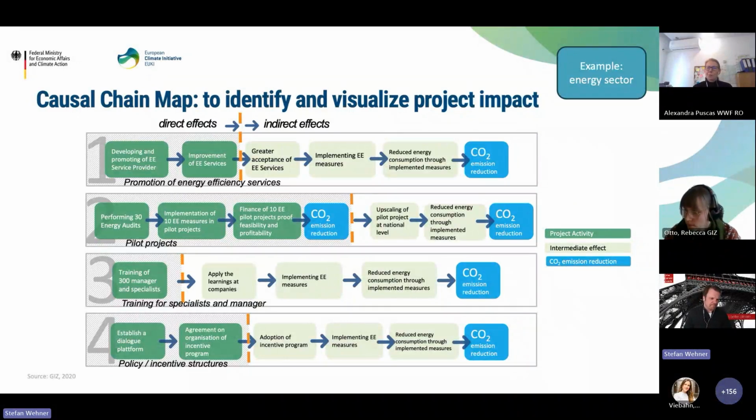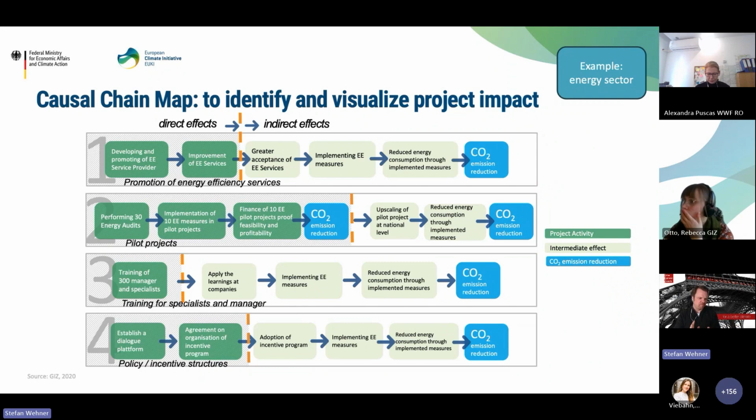In this case, the project established a dialogue platform, and in this dialogue, there was agreement on the organization of an incentive program, but the project activity stops there. But in the end, this incentive program was implemented. It leads to implementation of energy efficiency measures and emission reduction. So also here, indirect emission reduction.